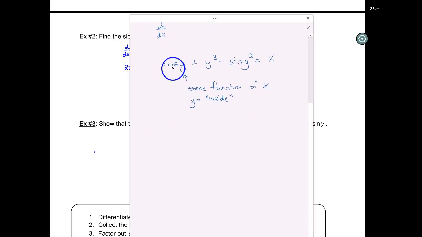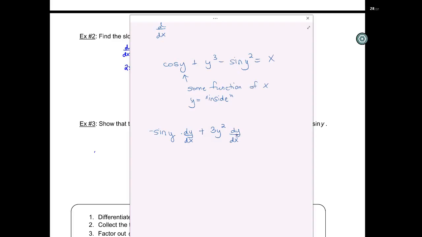So derivative of the outside, keep the inside the same, times the derivative of the inside. Plus, now we have derivative of the outside, keep the inside the same, times the derivative of the inside. It's just chain rule. That's all it is.